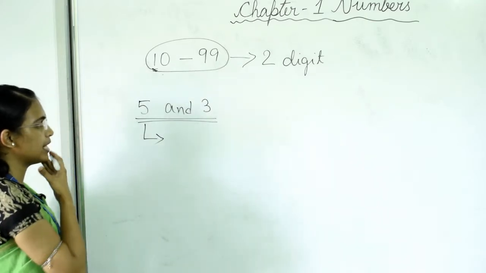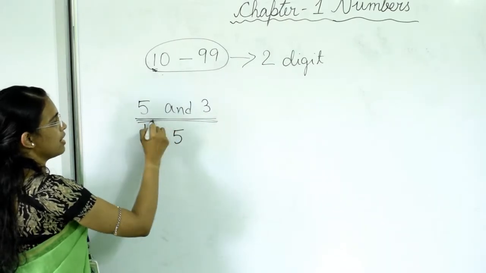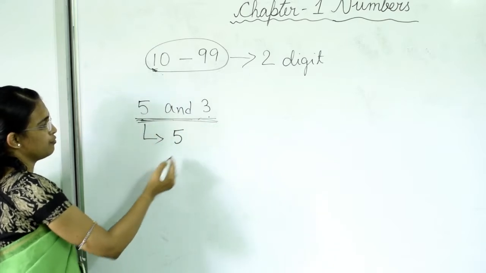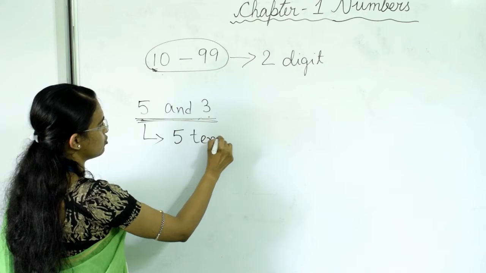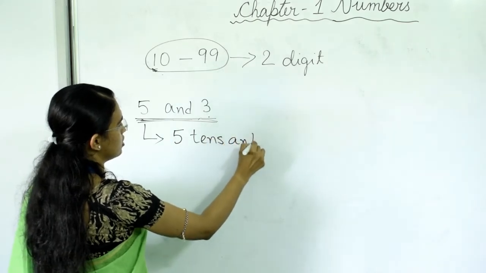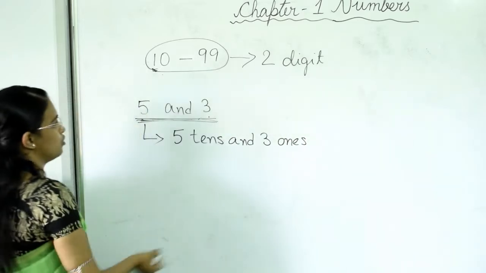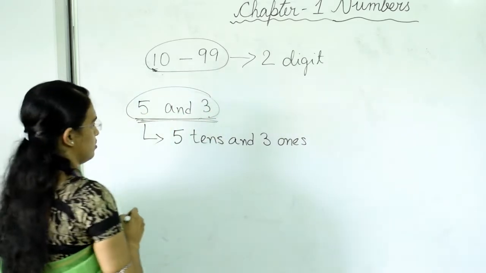How will you form the numbers? Now look here. We have 5 and 3. We have two numbers, right? First 5, if we break this number, we can write it this way also: 5 tens and 3 ones, right? So with the help of these numbers we can make two numbers.